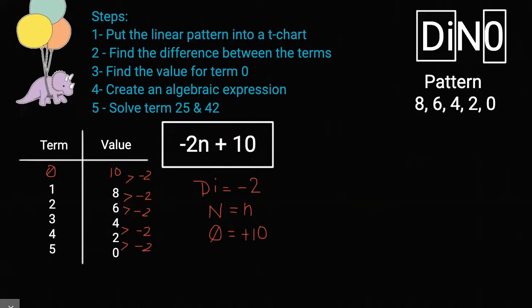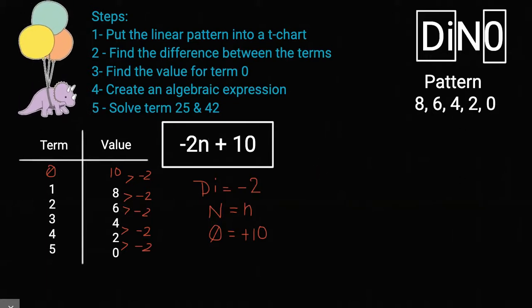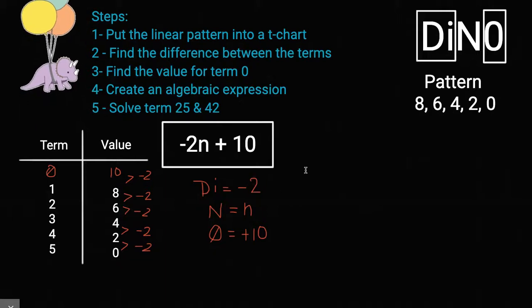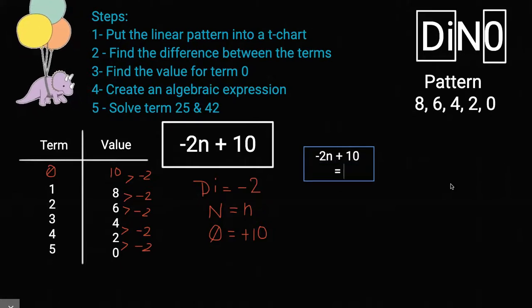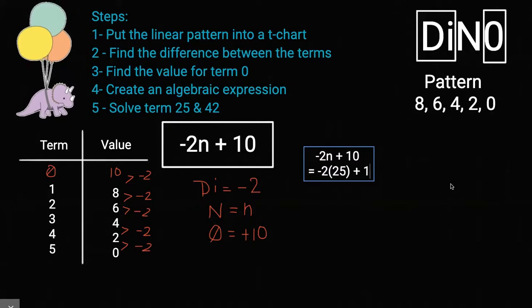Now, no difference, we need to solve for term 25. Solving just like we would before, we'll start with negative 2n plus 10 equals negative 2 times 25 plus 10. And again, I just pop in the term I'm looking for.